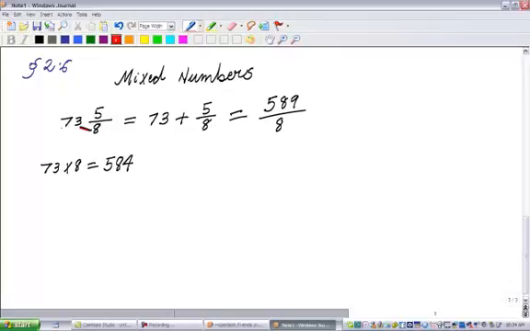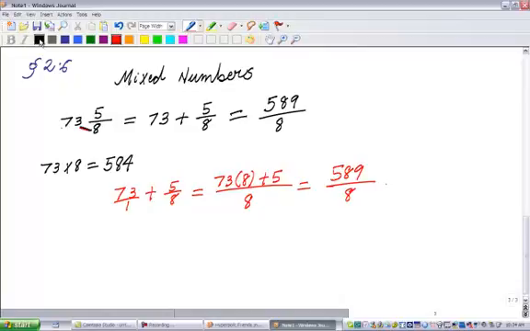Making sense? If I have 73 plus 5/8, how would I add them? Well, 73 means 73 over 1. So the LCD is 8. 73 will be multiplied with 8 and then you add 5. And that's exactly 589 over 8.